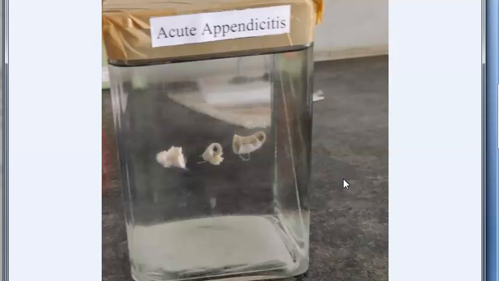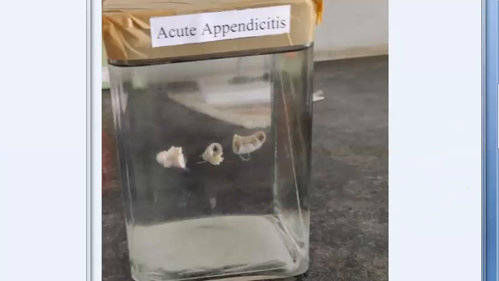Cut will show exudate, which could be purulent if it is infection, right? And basically inside there can be congested vessels, hyperemia, and what else? You can say that if it is containing hard stools, then it is called fecalith. Otherwise, it can be a foreign body, or there can be tumor, or anything can be there.